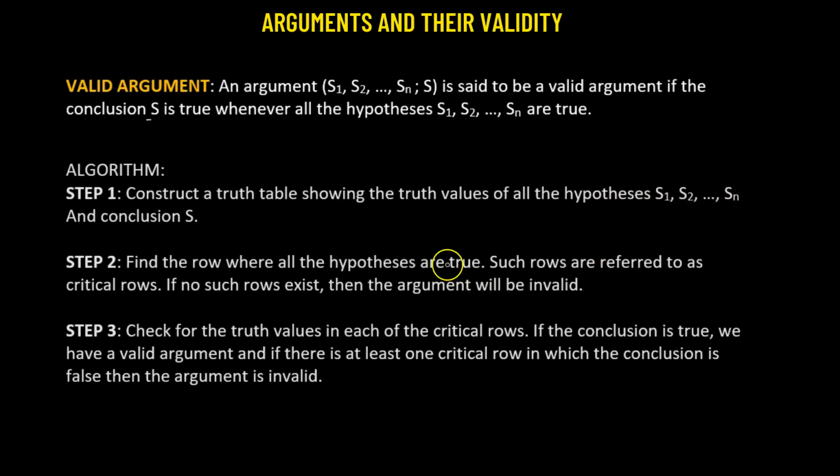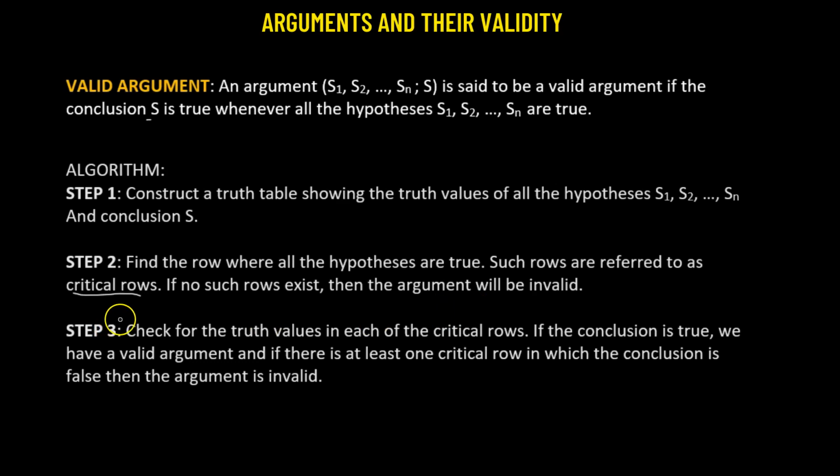We only consider those rows, and such rows are referred to as critical rows. Suppose there are no such rows where the hypotheses are all true. Then the argument will automatically be considered invalid.